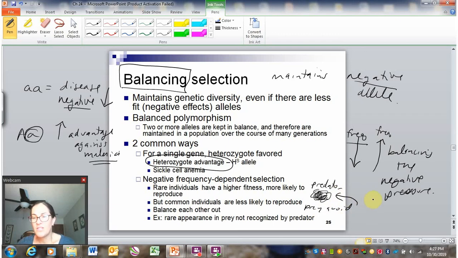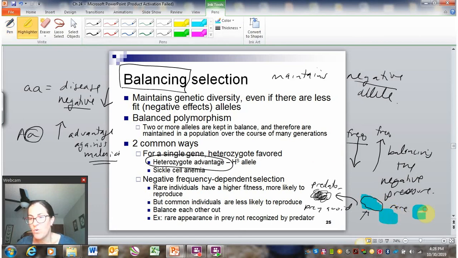Now imagine that a small number of the predators are this color instead. Because prey are used to this colored predator, but not this colored predator, this predator can sneak up on them. So this is an advantage as long as it is rare. So these ones start to reproduce more and more, right?